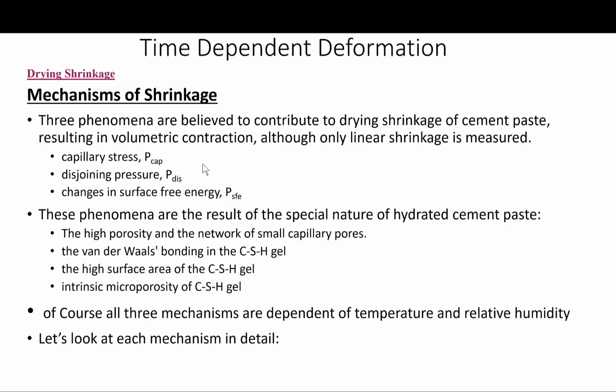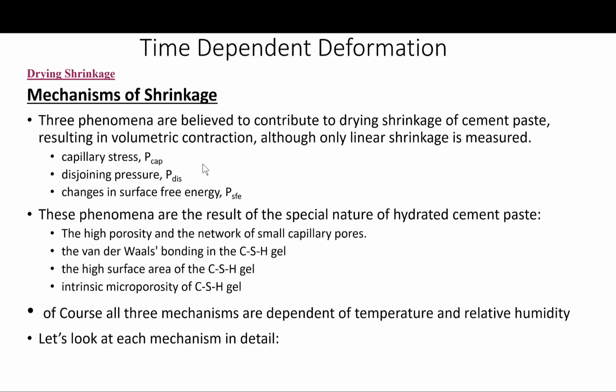Okay, so the net linear shrinkage is a function of internal pressures developed by the capillary stresses, the P sub cap, the disjoining effects, and the changes in the surface free energy. Although it is linear shrinkage that is usually measured experimentally, a volumetric contraction actually occurs.